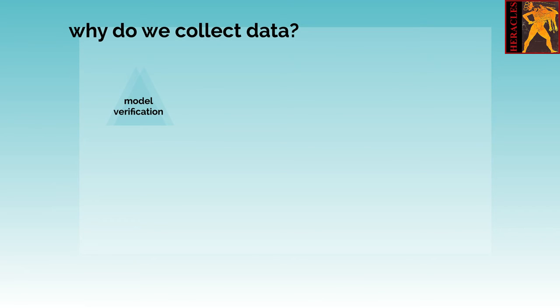So, why do we collect environmental and climatic data? On the one hand, the effectiveness of models, how well they forecast the future climates, depends on the input of historic data and is verified through the reproduction of past climate conditions. This is one reason why we collect data.